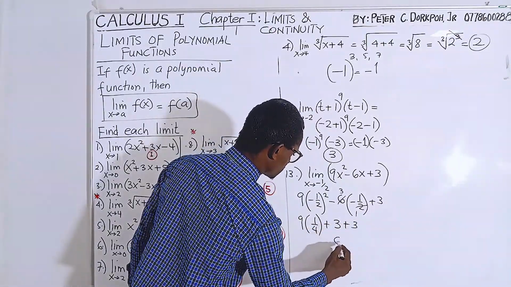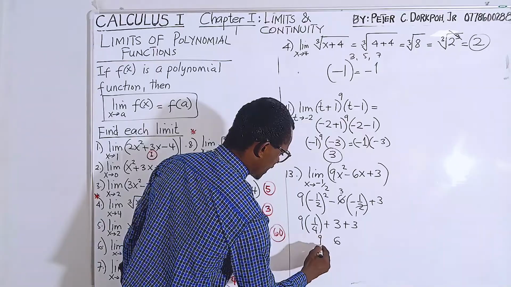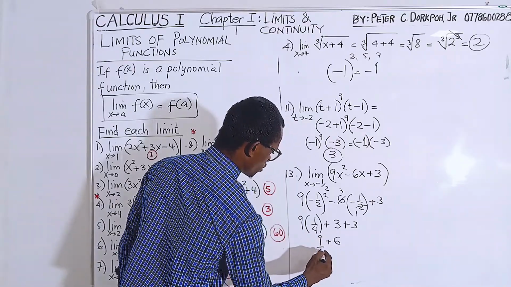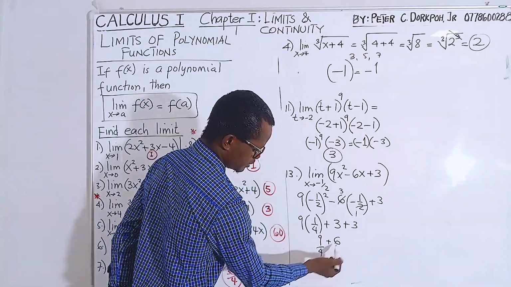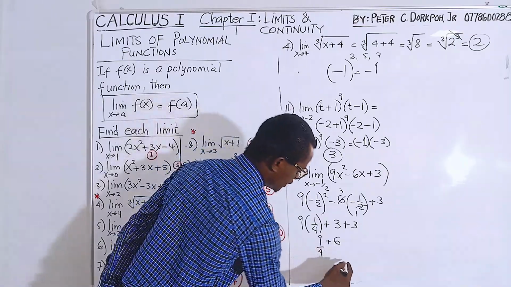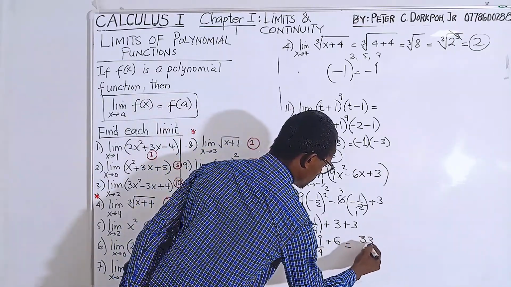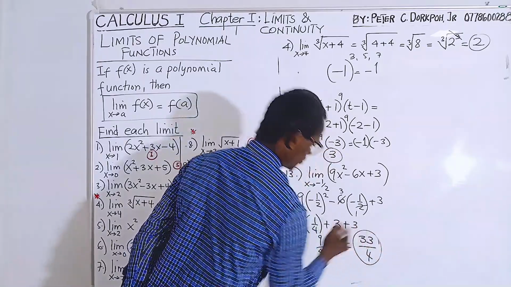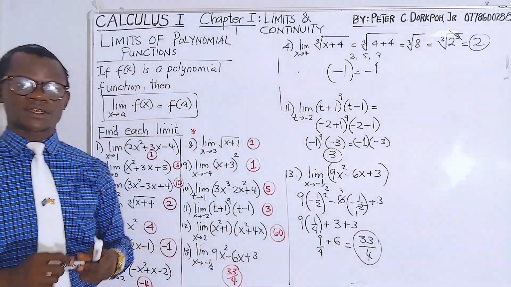So this and this will give us 6. Now this is 9/4. So the easiest way, 4 times 6 is 24. 24 plus 9 is equal to 33/4. So that's how we got our answer.